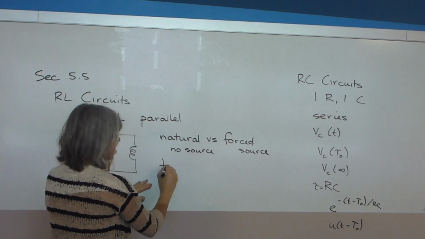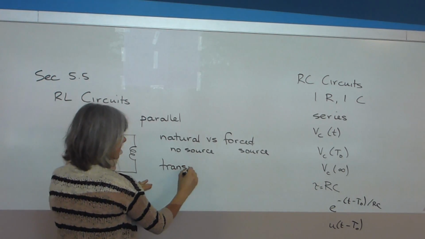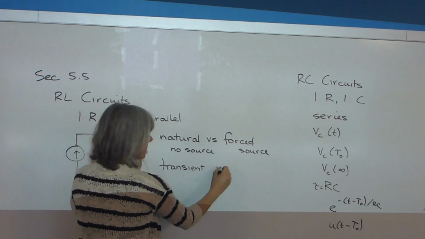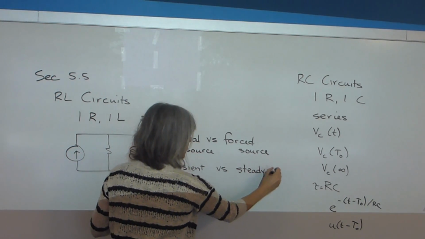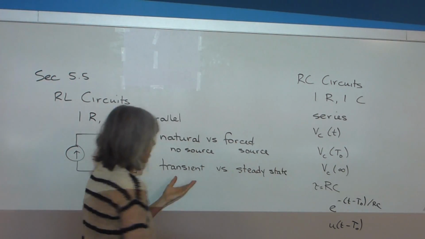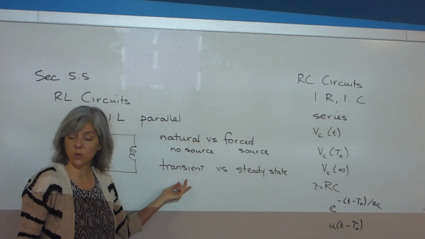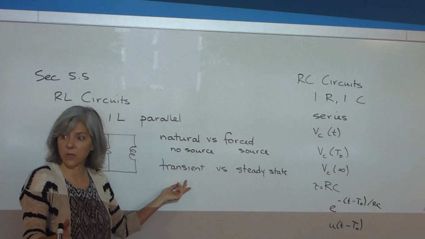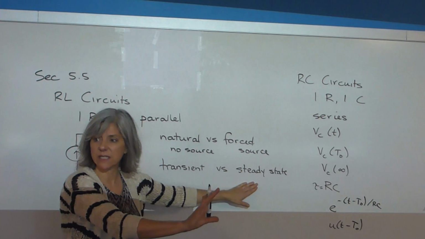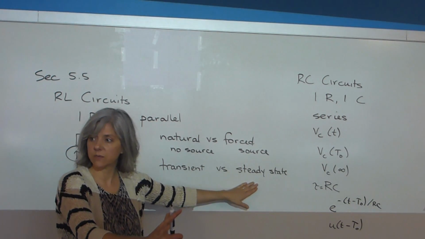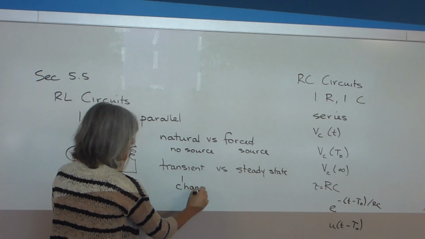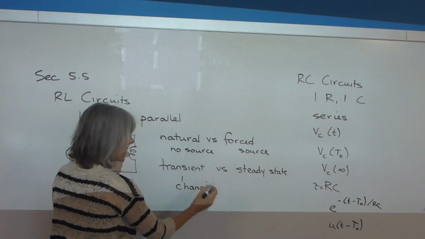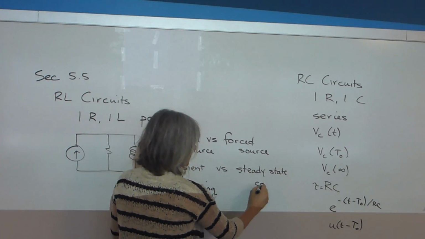We also have something called transient versus steady state. Transient means changing, so it's what happens in the initial part when things are changing. Steady state is your DC. It's where you're headed towards. So the transient part is the part that's changing, that's going to be your exponential. And steady state is your constant.